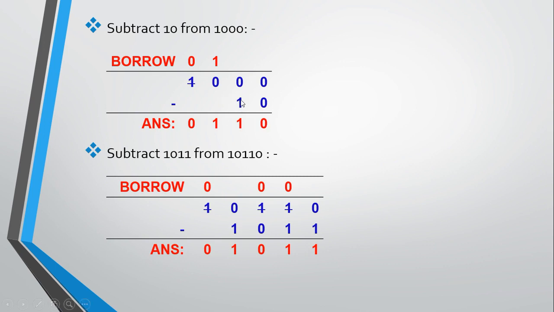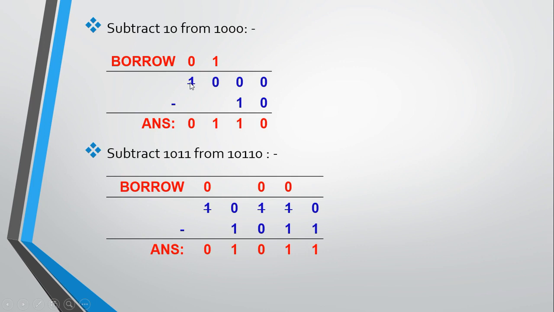0 minus 1. So 0 minus 1, we are not able to subtract the value. So now what do we need to do? We need to go back and consider the previous number. 0 is marked over here, so you are not able to take a value from 0.